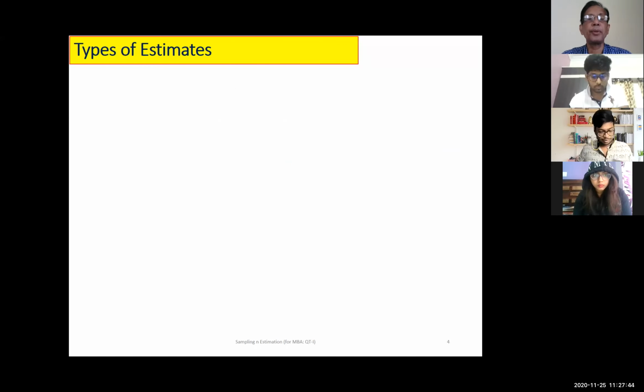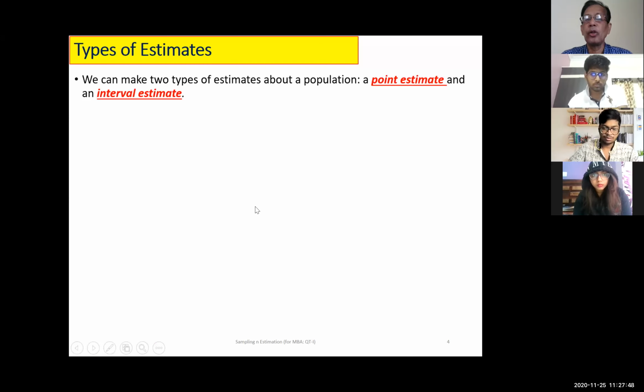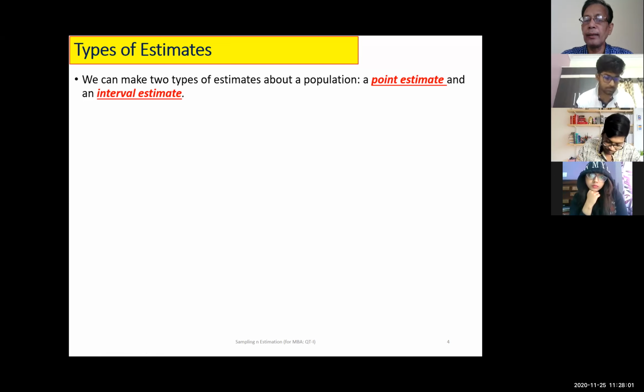We have two types of estimates. One is called point estimate, and another is called interval estimate. Suppose in the beginning today, I gave you the example of the Nivar cyclone.